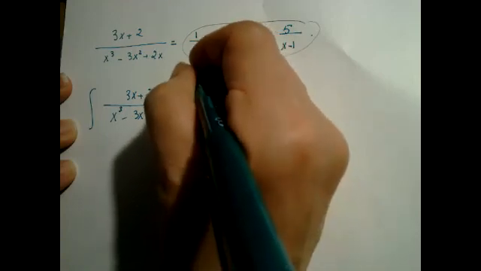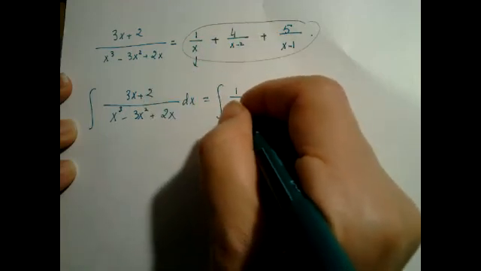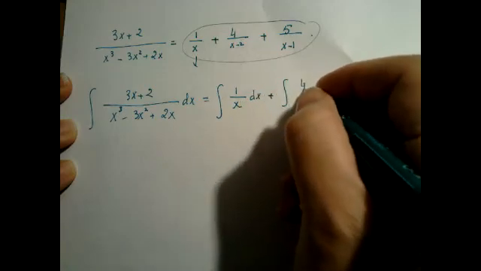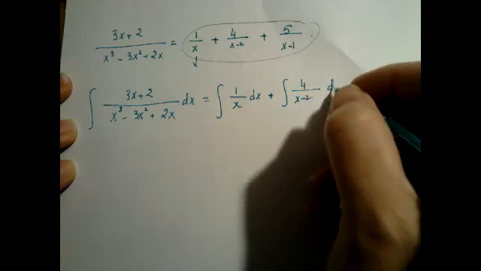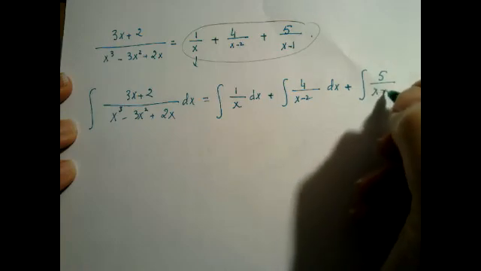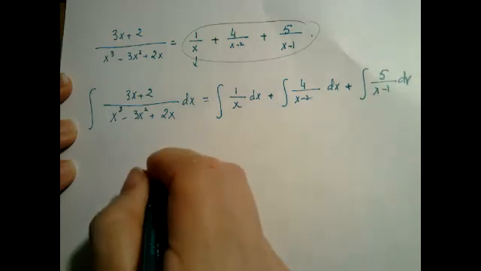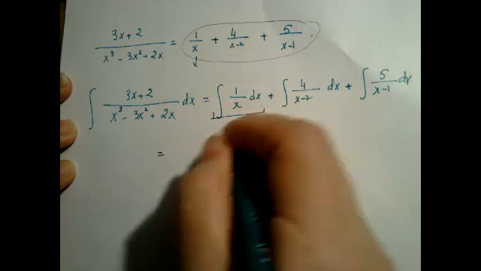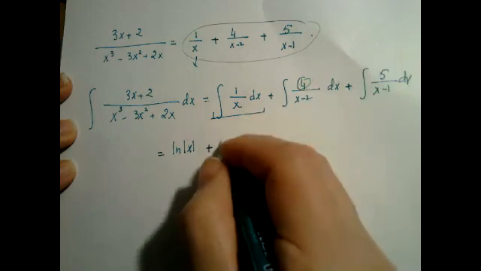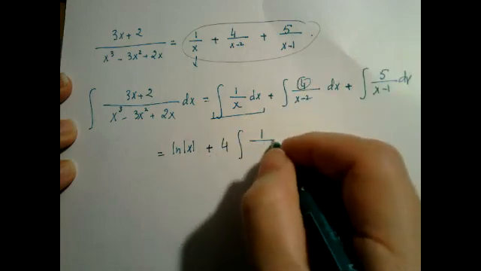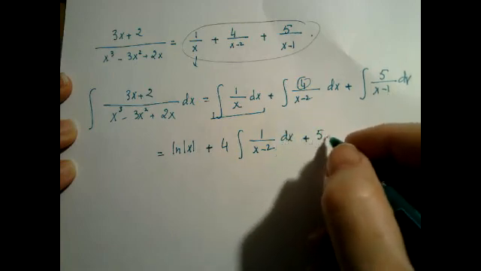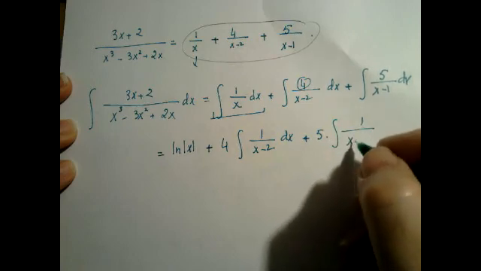It's going to be the antiderivative of 1 over x plus 4 over x minus 2 dx plus 5 over x minus 1 dx, equal to the antiderivative of 1 over x, which is the ln of x, plus this 4 is a constant, I pull it out and then I deal with this. 5 is a constant, pull it out, then I deal with that.